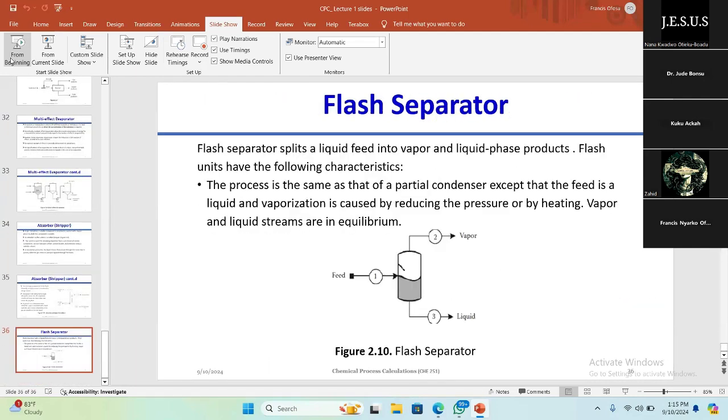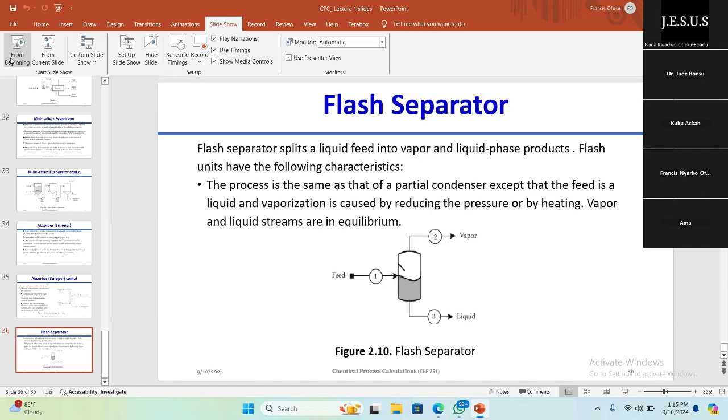Yes. So the flash separator, I'm saying that the feed consists of a liquid phase and then a vapor phase, right? But then they are mixed, just like a mixture. So it enters the flash separator and then the flash separator operates by dropping the pressure of that feed. So when it drops the pressure, the feed just leaves. Just like if you have a coke, like you shake it and then just open it once.